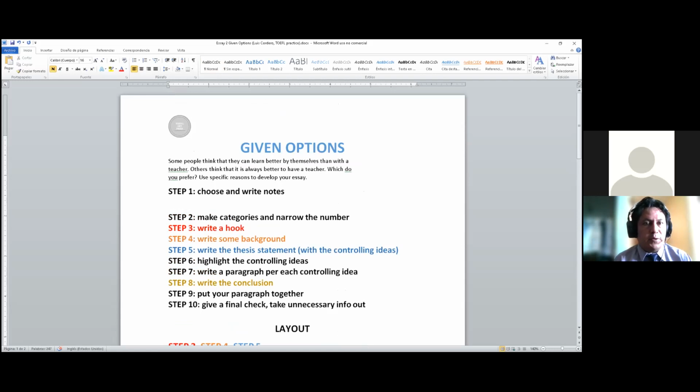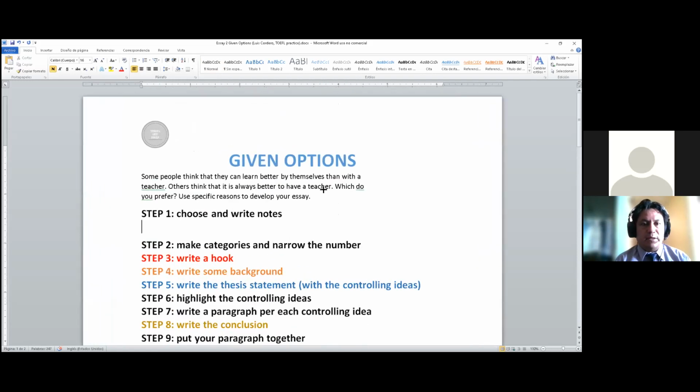Could you please make your document a little bit bigger so I can read it better? A little bit more. Okay, that's much better. Thank you.